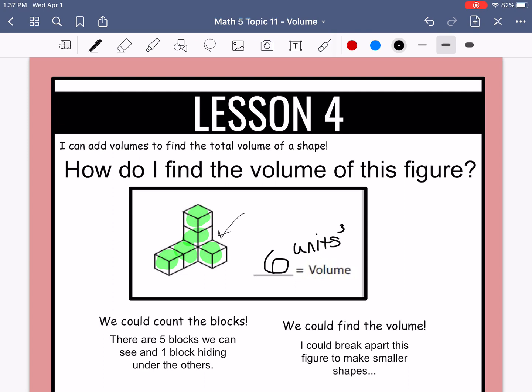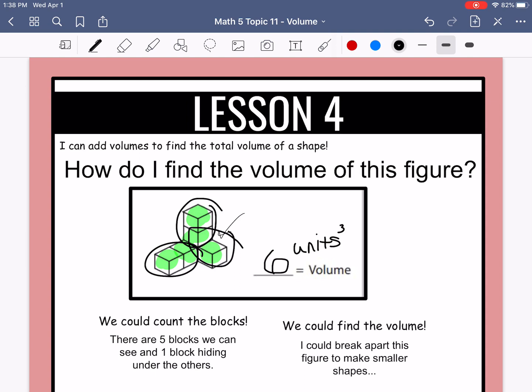But we've learned a better way to do that, haven't we? Couldn't we multiply? But how would we multiply, seeing that we have almost 3 different shapes? We have this shape here, this one here, and the one going underneath.